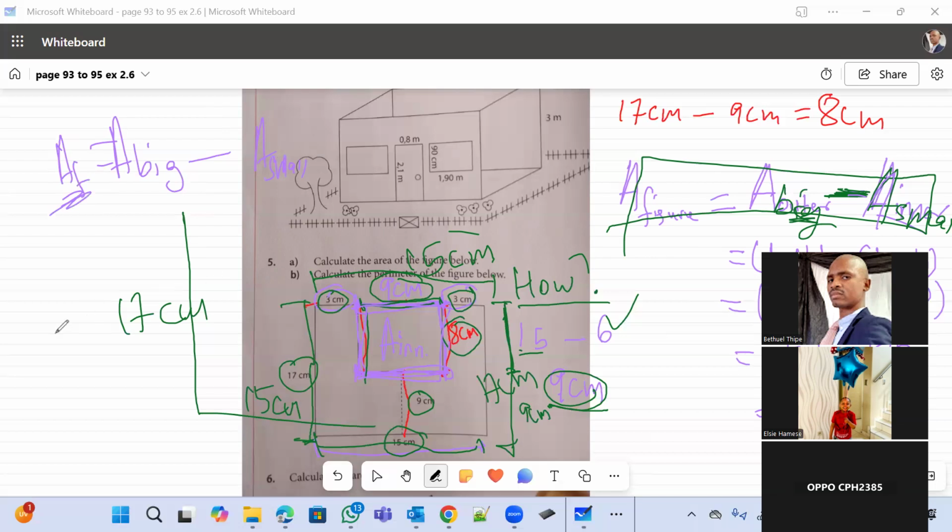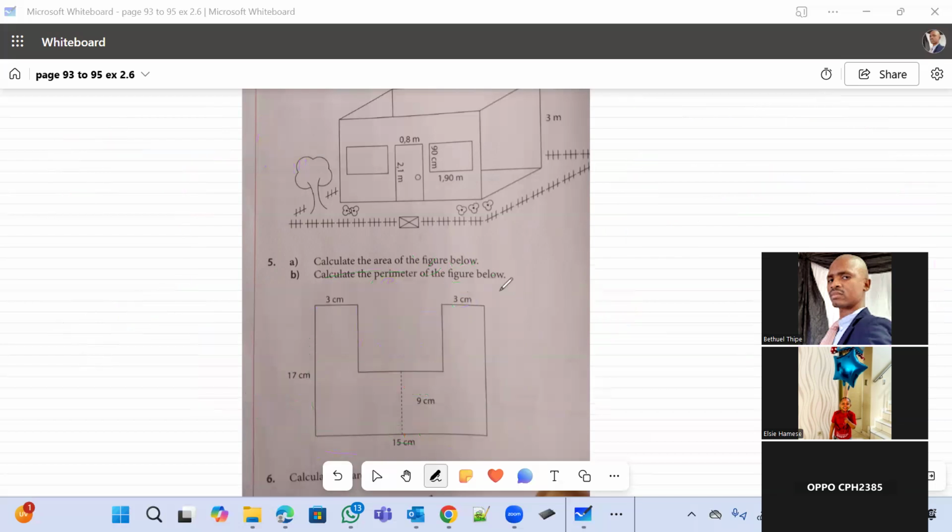Let me clear all these drawings. I'm saying that if you want to get the area of this object, meaning this shaded part, the area of this figure that I've shaded is always given by the area of the bigger shape minus, meaning I'm taking out, the area of the small shape.